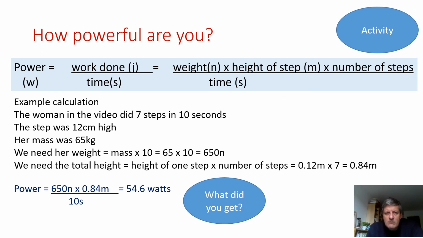That gives 0.84 meters. Multiply 650 by 0.84 and then divide by the time, which was 10 seconds. She got 54.6 watts. So probably round that to 55 watts on the basis that there's some uncertainty in the timing.